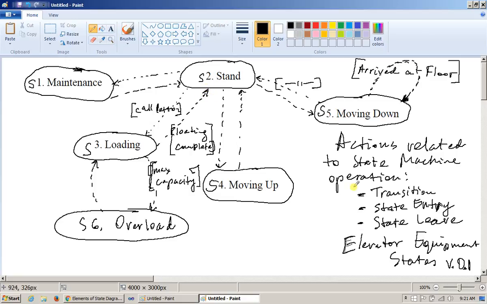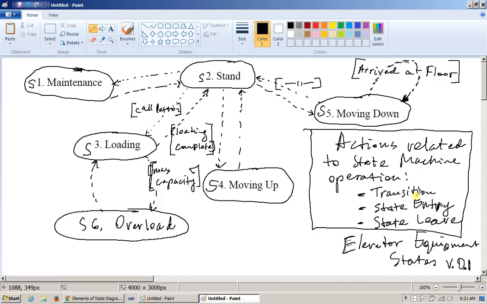So these are the three. This is another powerful aspect of state diagrams, that they allow us to clarify the need for actions and the connection between the actions that the object would want to get involved in or generate with respect to states and state transitions, right?